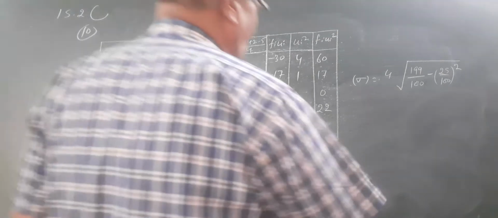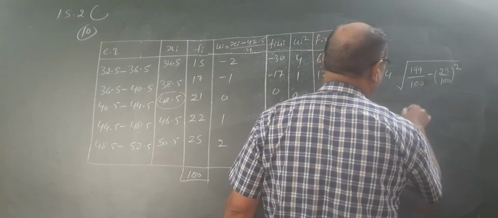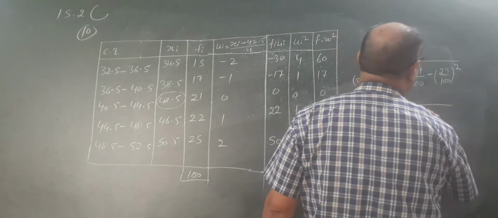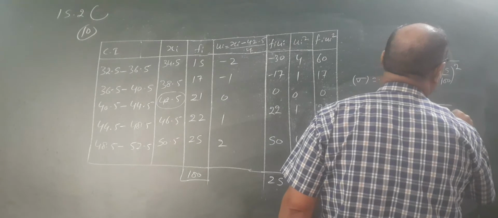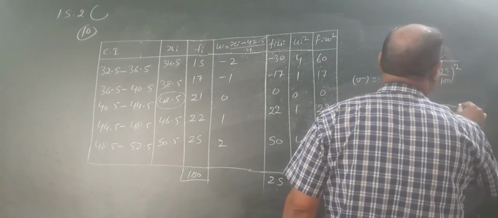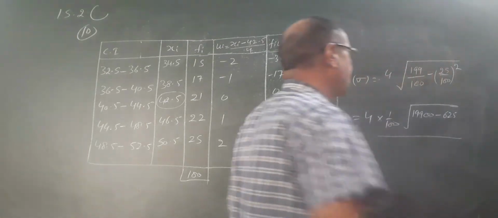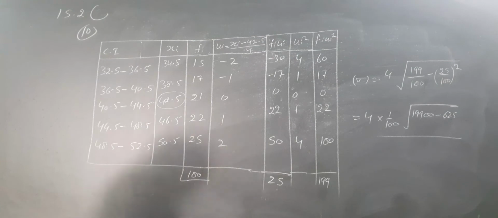Now you can solve it by taking 100 outside, and inside that is 19900 minus 625, and solve it and get the value. Okay, so this is the way to solve the standard deviation of the data.